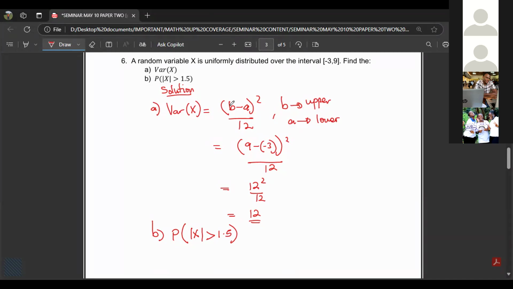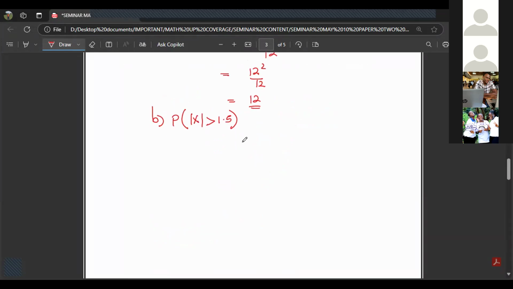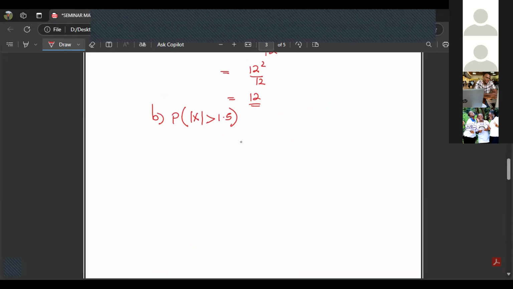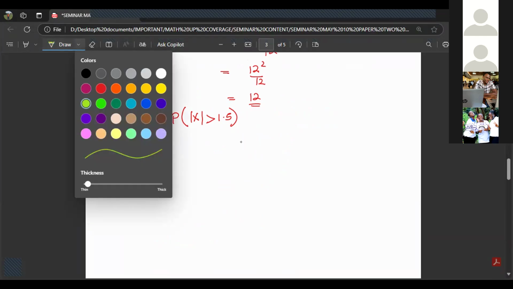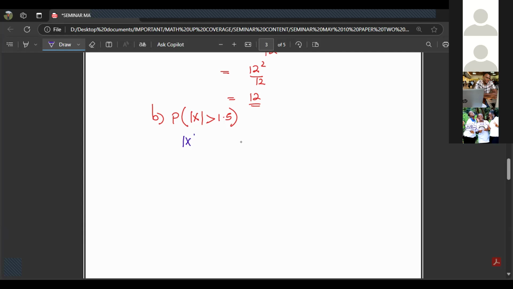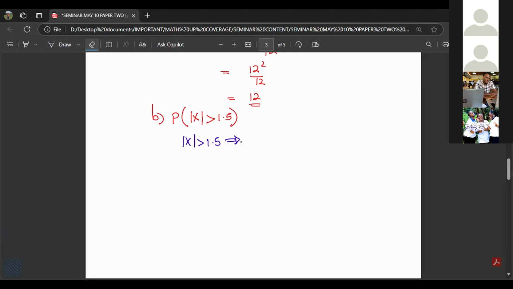So here we have a modulus, and I think we know what that means. We know that the modulus of x greater than 1.5 can be plus or minus x is greater than 1.5.